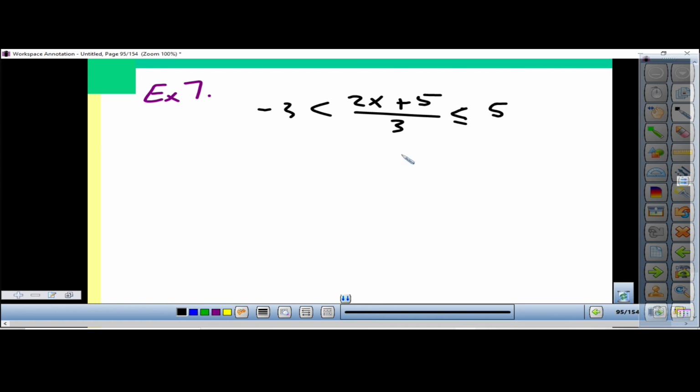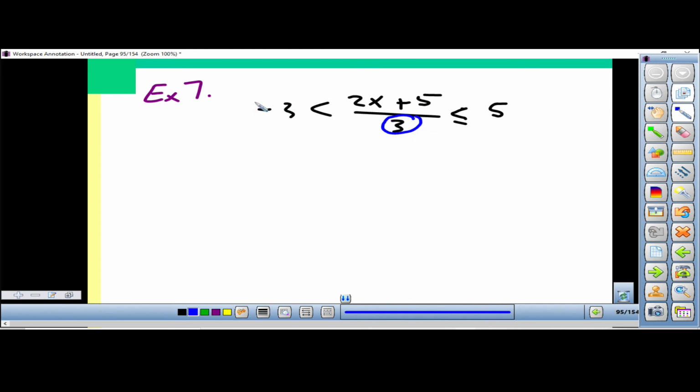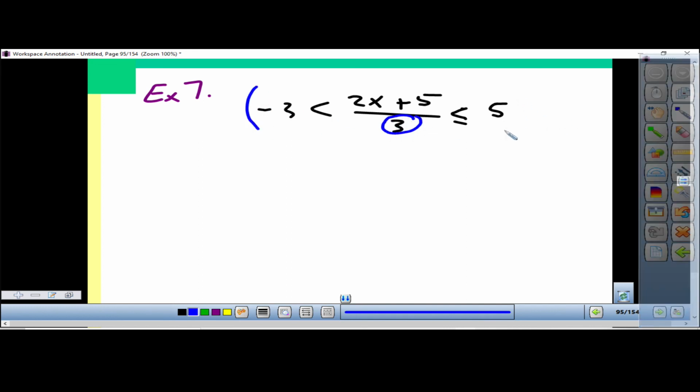So first thing first, I need to get rid of the fraction. My fraction is icky. I don't like the 3. Well, you know by now that you could get rid of that by multiplying every single one by 3. And I really mean every single one. Not just the 2 sides of the equation, but now we got 3 of them. Then you have to multiply the 3 times this, and the 3 times that.